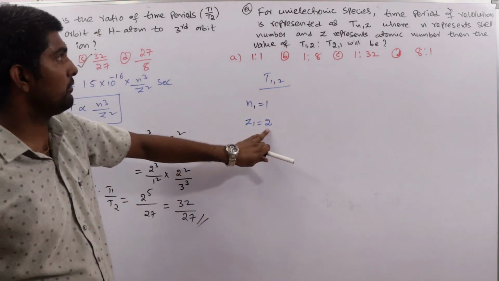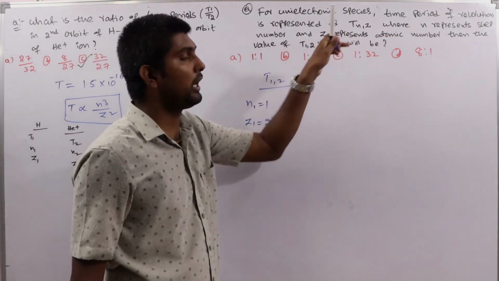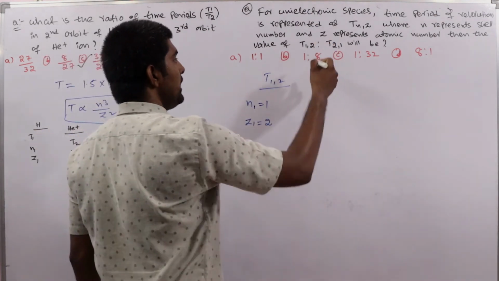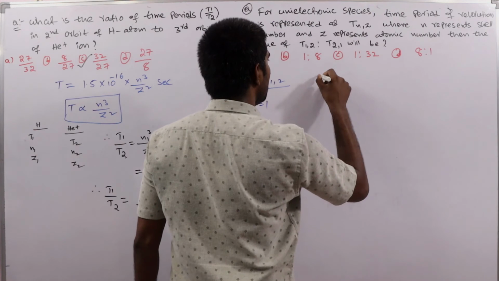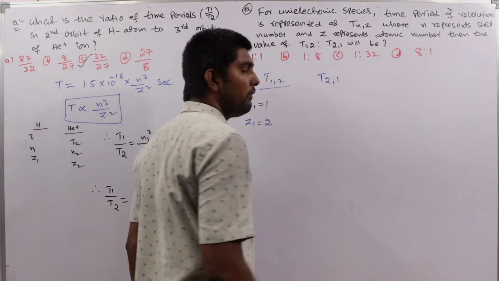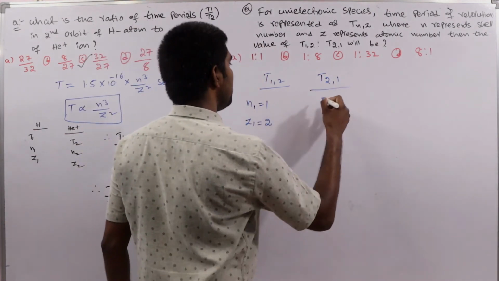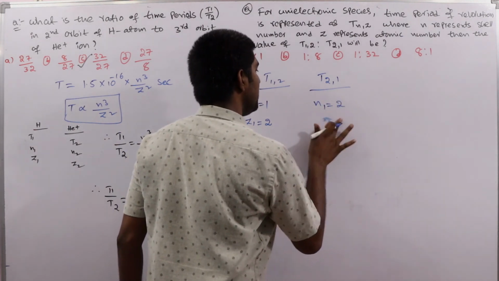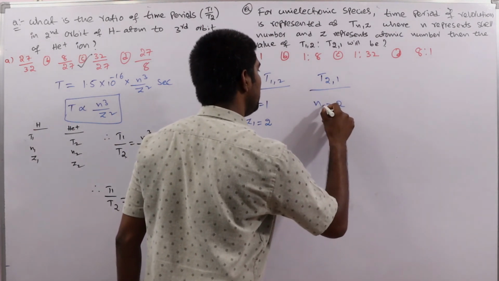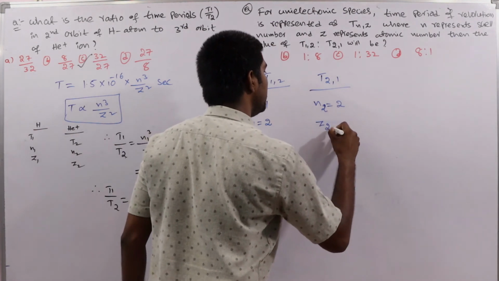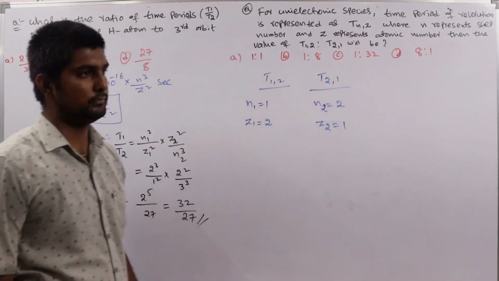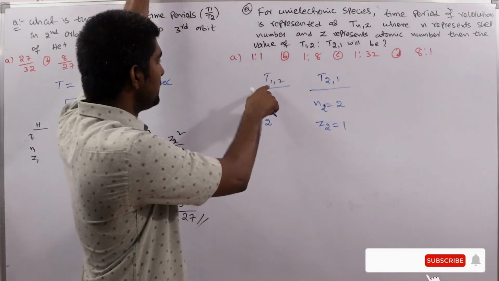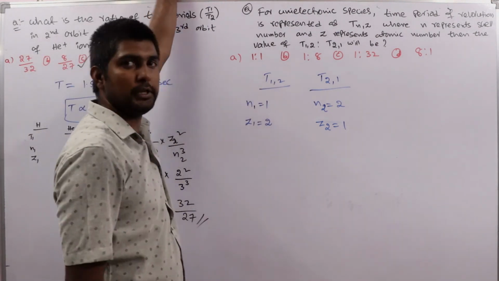Okay, Z1 is equal to 2. Z is nothing but atomic number, so that's why this 2 is atomic number. And for T2 comma 1, N2 is equal to 2, Z2 is equal to 1. Okay, Z2 is equal to 1. Very simple. This is representing N, this is representing Z.